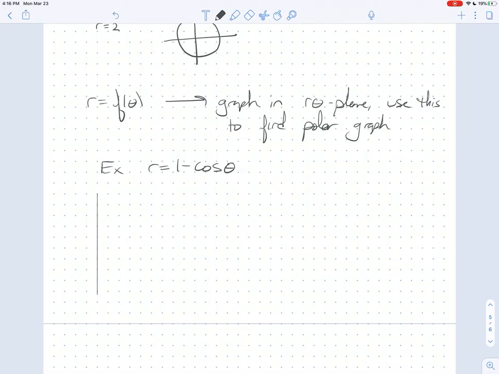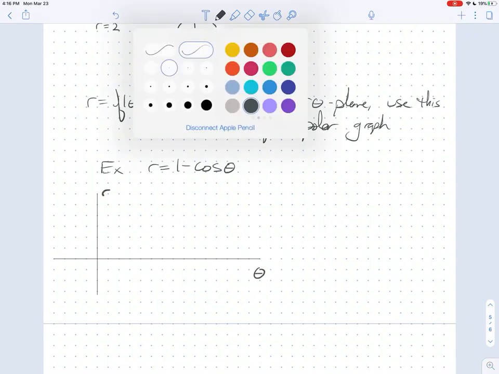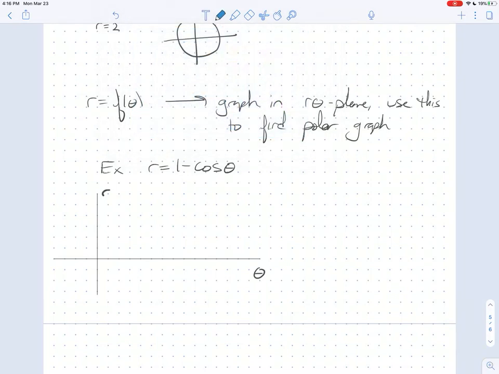So first I'm going to graph this in the R Theta plane. And how do I do that? Well, this is going to be my theta, and this is going to be my r. And so let's think about it together. Here I think I'm just going to plug in multiples of pi halves. So when theta is 0, r is 0.